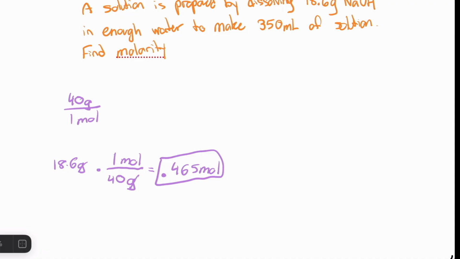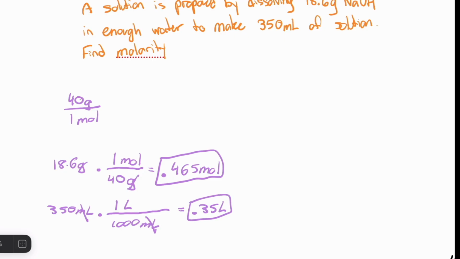Now we have our moles value, our n, for our equation. And we can get our V by converting milliliters to liters. So if we have 350 milliliters, we can use a previous conversion of 1 liter being 1,000 milliliters. Again, we're putting milliliters on the bottom because in the previous term it's on the top and we can cancel them out. 350 times 1 over 1,000 is 0.35 liters.